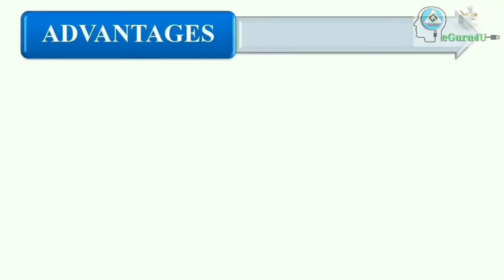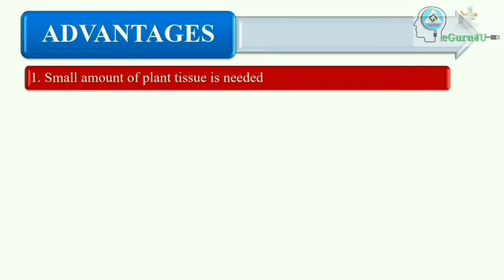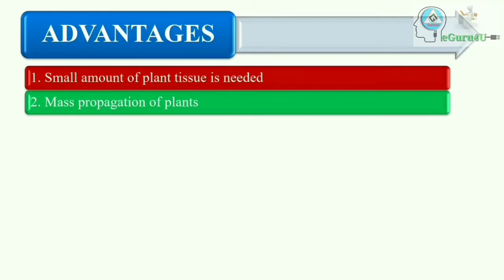Advantages of micropropagation. Here we will discuss why this method is so important in comparison to the conventional methods. 1. A small amount of plant tissue is needed to produce millions of plants. 2. Commercial mass propagation of plants can be done in relatively less growing space and time. 3.